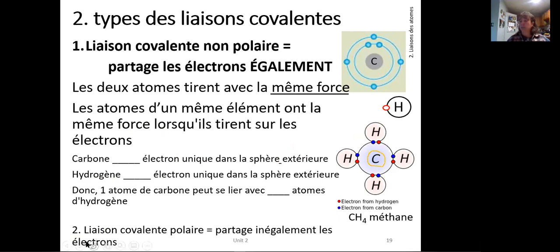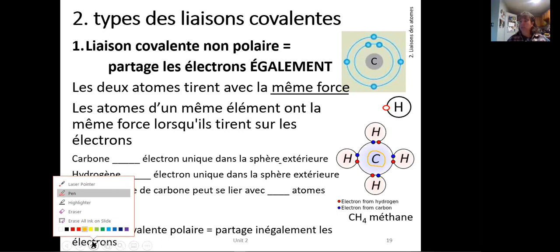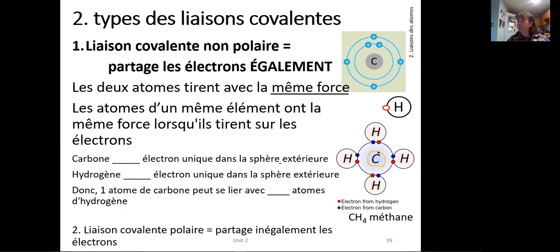Let me see if I can make this darker, because you're probably looking at this in a classroom with a lot of light. Okay, so here's the first shell of carbon. When I draw in the electrons, I draw 2 on the first shell. The first shell of an atom only has 2 electrons. So they're happy, they're in pairs.